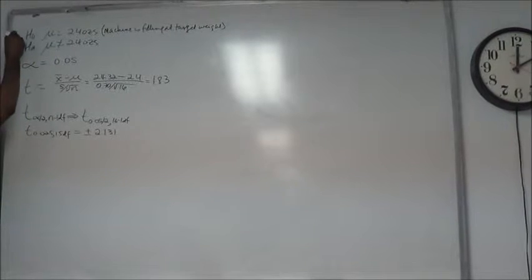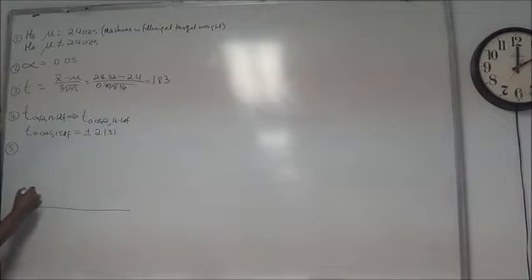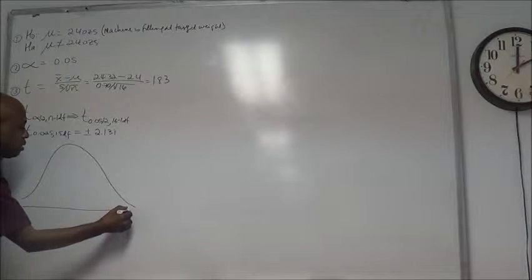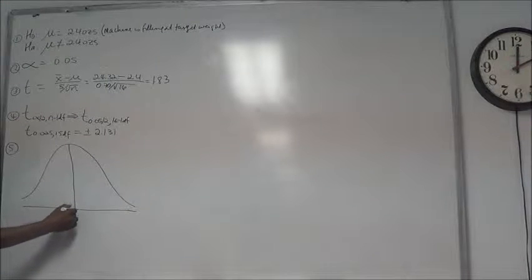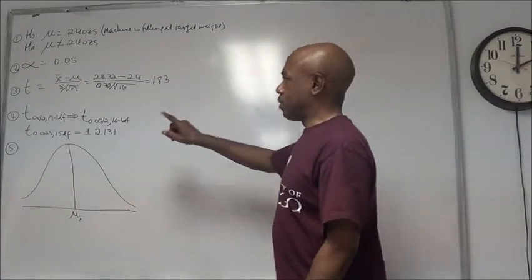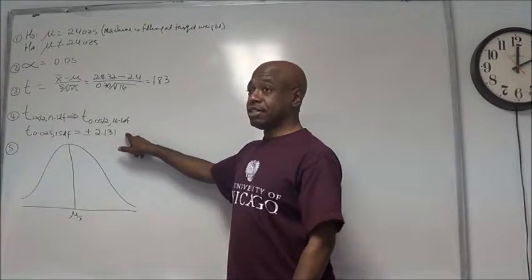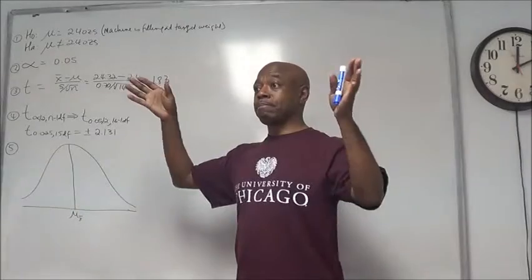So let me number these for you. That's 1, write that down, 2, 3, 4. So step 5 then. Unlike in chapters 6 and 7, where you didn't have to draw the distribution, now we need to draw the distribution. We just figured out a critical value of T. This critical value of T gives the boundaries.